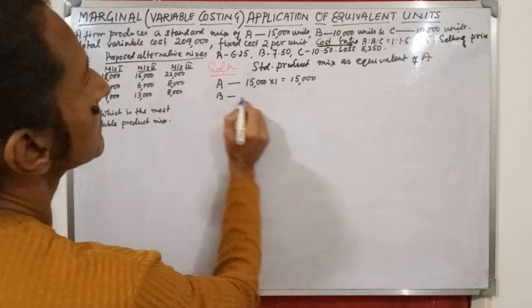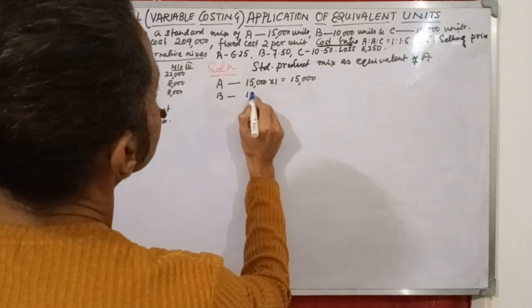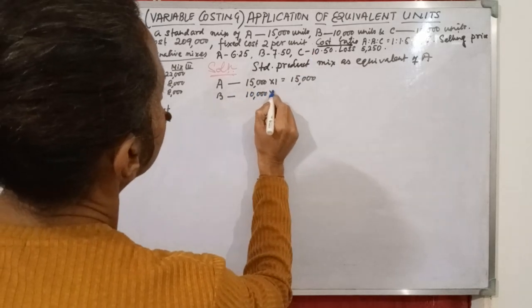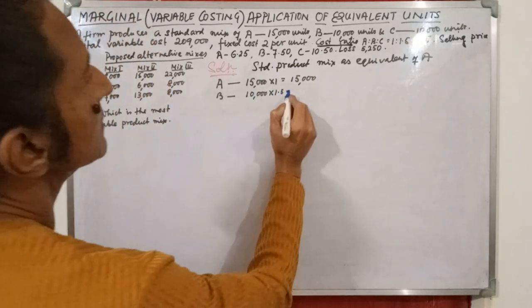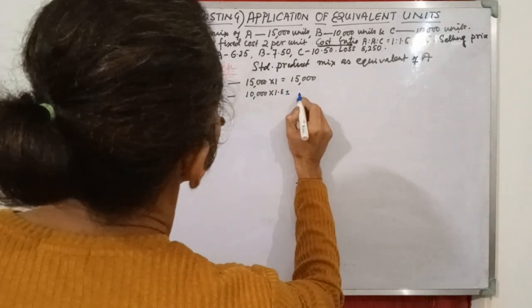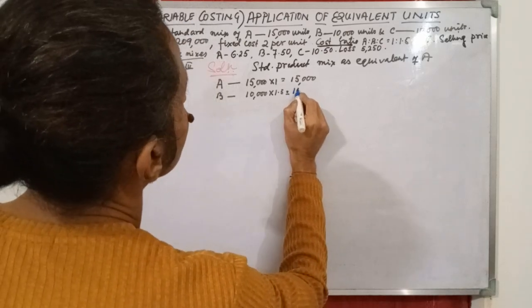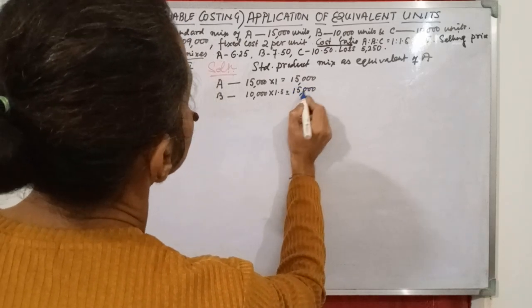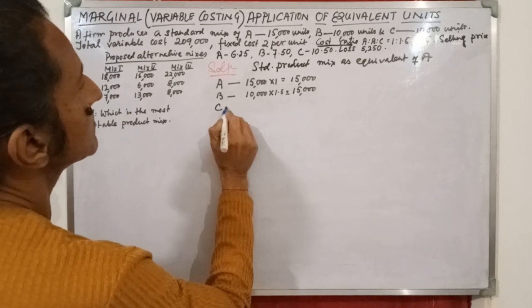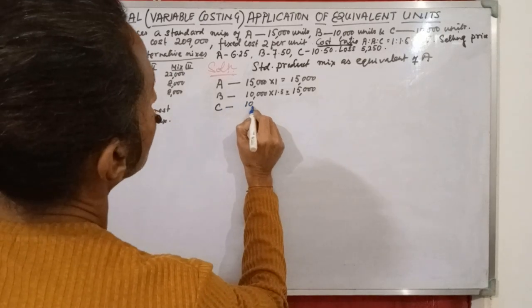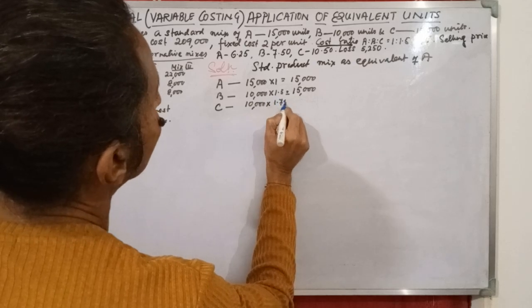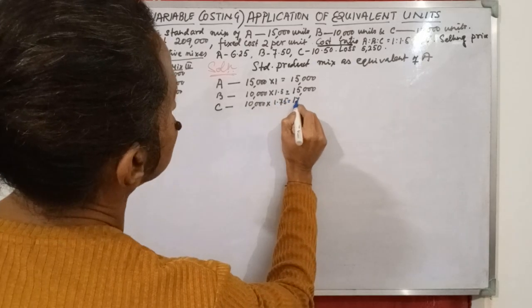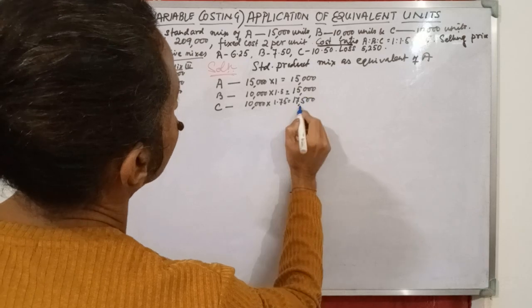B: 10,000 into 1.5 is equal to 15,000, and C: 10,000 into 1.75, that is 17,500.